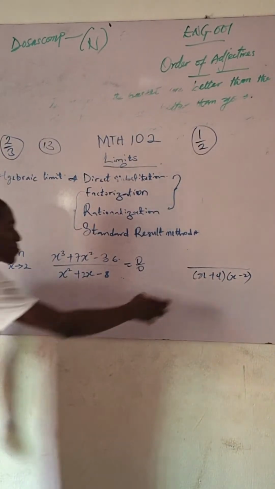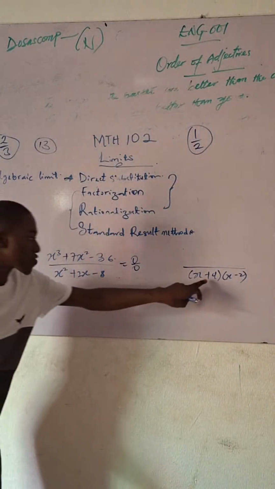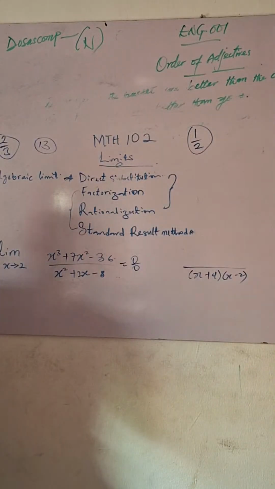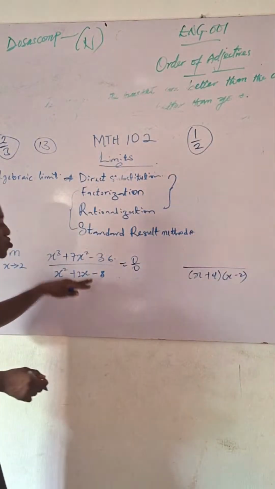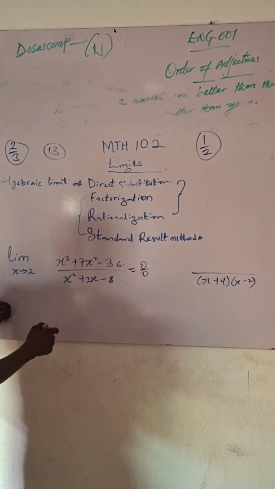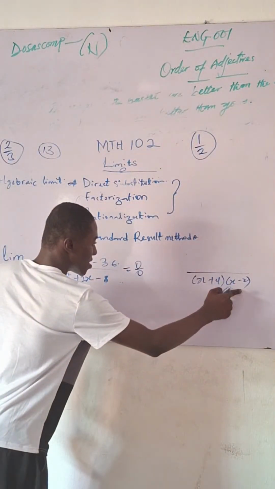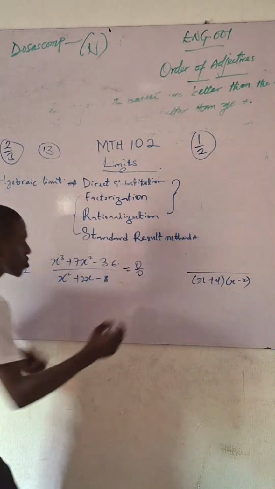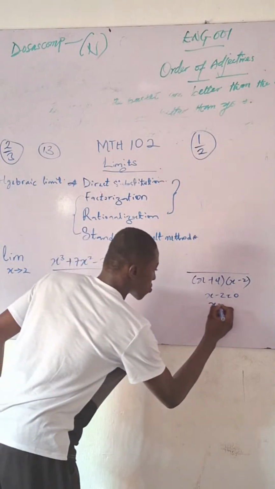Since it is plus 4 and minus 2, if you add them together you get plus 2, and if you multiply them together you get minus 8. So that means x minus 2 is a factor. How do we know that x minus 2 is a factor? There is a way to check. When you equate one of these proposed factors to 0, x minus 2 equals 0 gives x equal to 2.